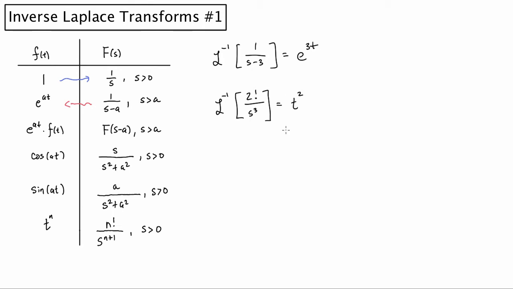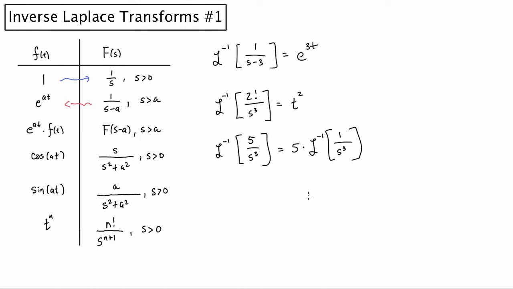Now what if I changed it up just a little bit? So now I'm looking at the inverse transform of, let's just say, 5 over s cubed. Now, I know that s cubed goes with t squared, so I know this is 5 times the inverse transform of 1 over s cubed.